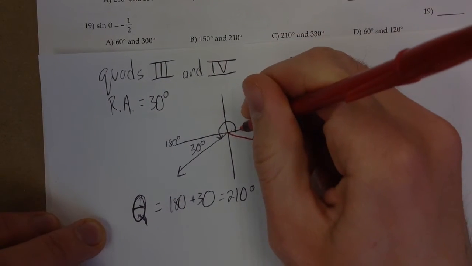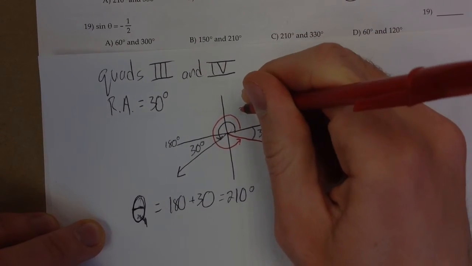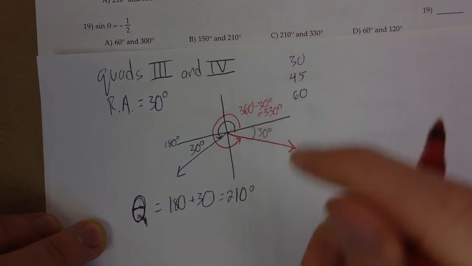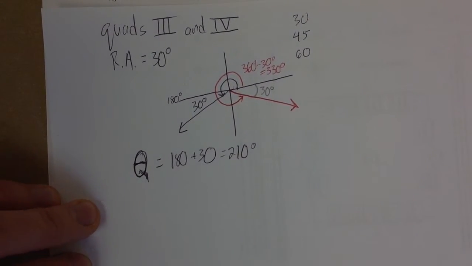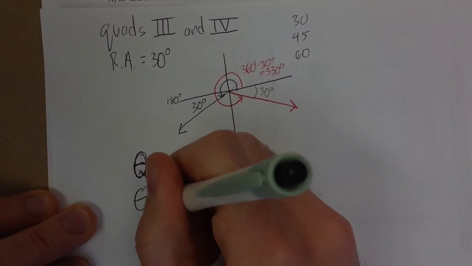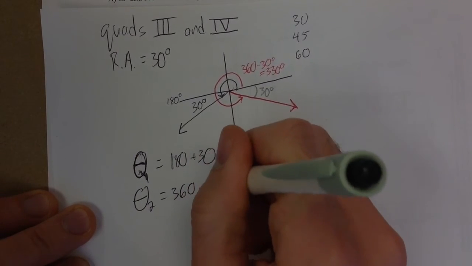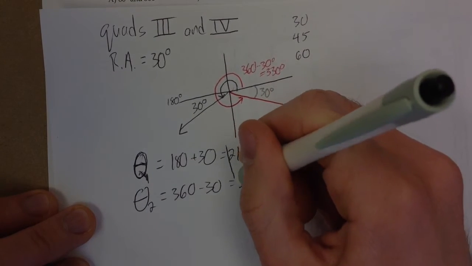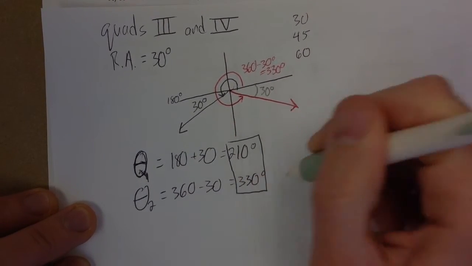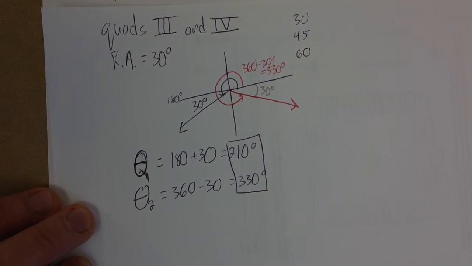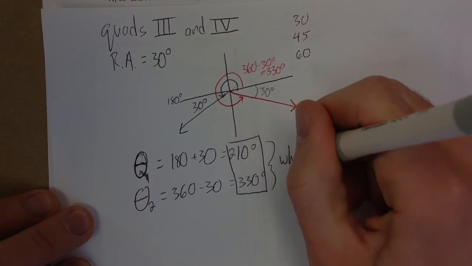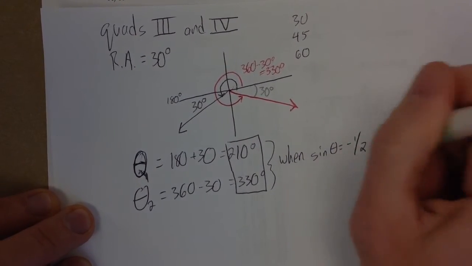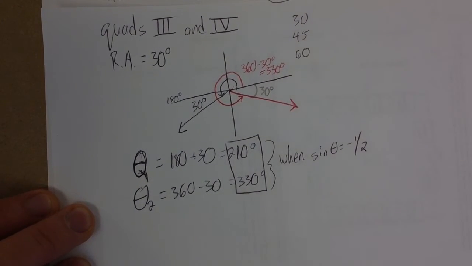There you go. 360 minus 30 is 330 degrees. Okay, so that's when sine is negative 1/2. Okay, any questions on 19?